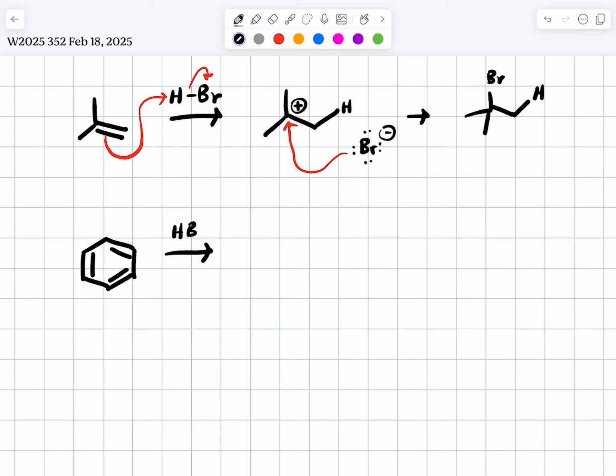And in fact, you can do this. You can take benzene and HBr and basically nothing happens. And so today we want to explore why.